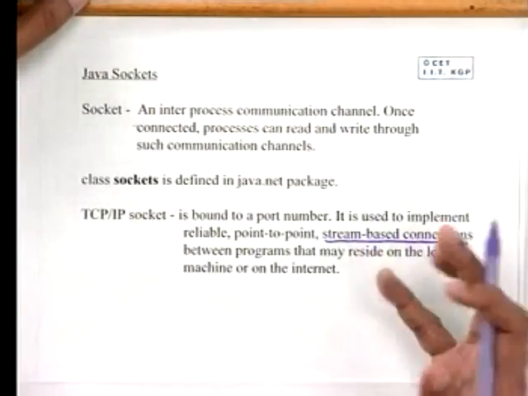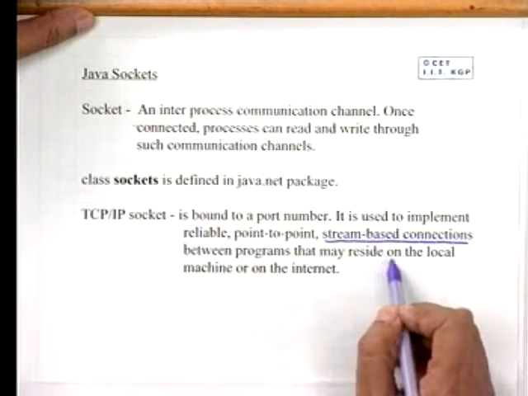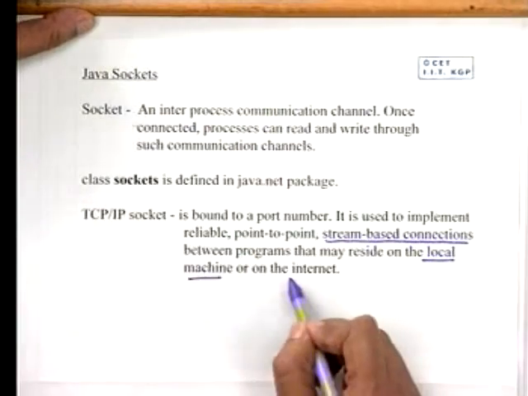We can use the standard procedures we have earlier seen, like println, to read data from or write into the socket directly in the form of a stream. The two programs may reside on the local host, the local machine, or on the internet.